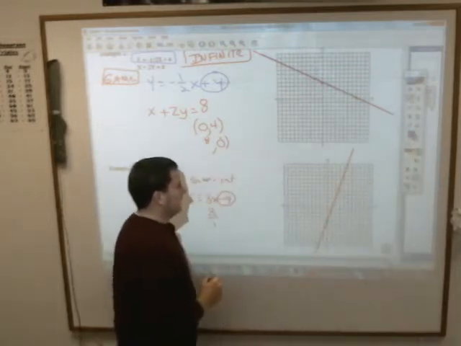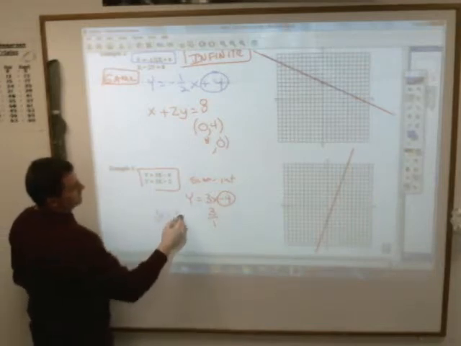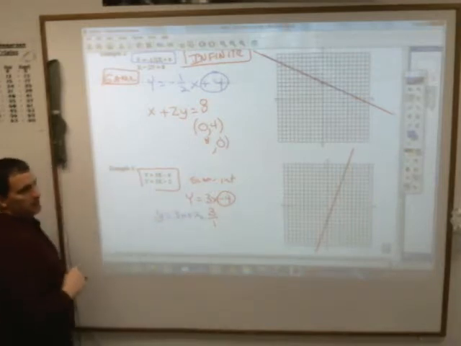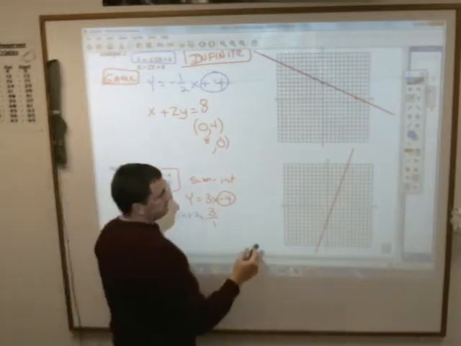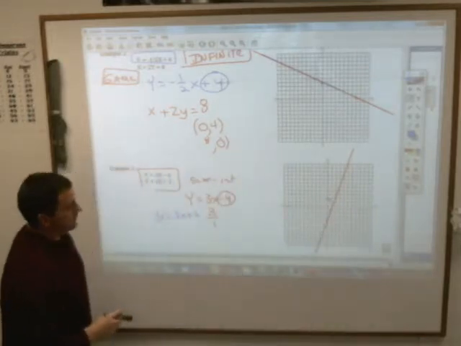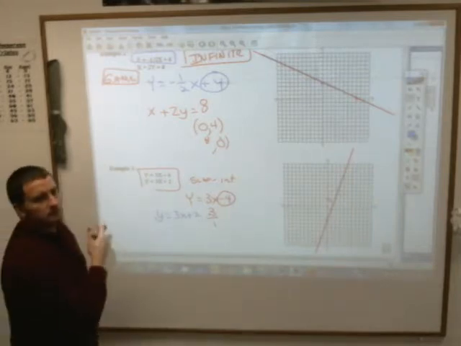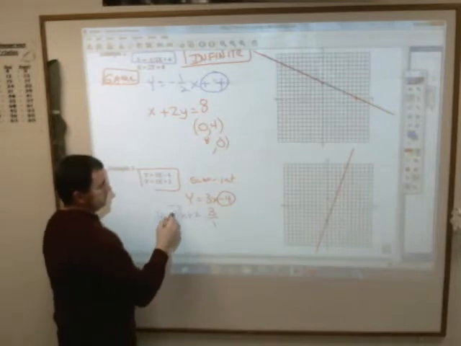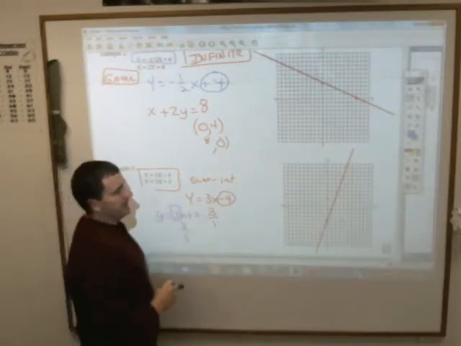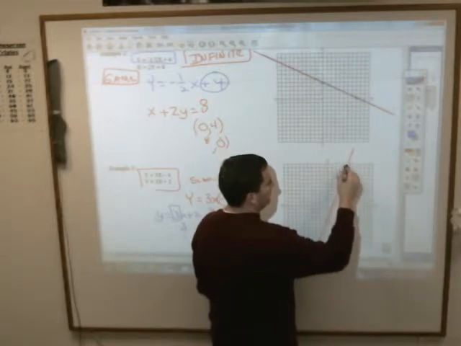If you got a little foresight on this, you might be able to tell me what's going to happen here. y equals 3x plus 2 is my other line. Crosses the y-axis where? Yes, 2. What's my slope? Yeah, make it a fraction, 3/1. What's going to happen? It goes up 3/1, up 3/1, up 3/1.